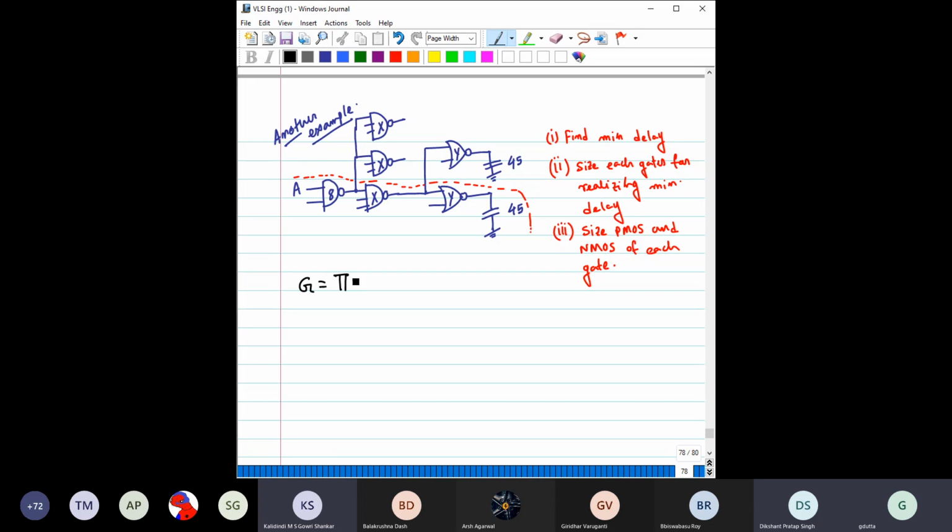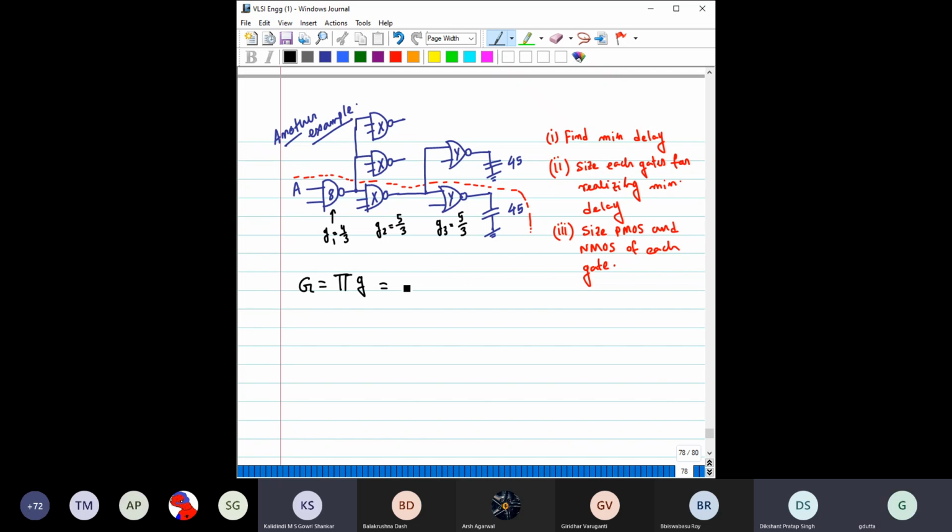So it is basically pi of this G. Here G1 is 4 by 3, G2 is 5 by 3, this is 3 input NAND, this is 2 input NOR, so here also it will be 5 by 3, right? Shouldn't it also be 4 by 3?